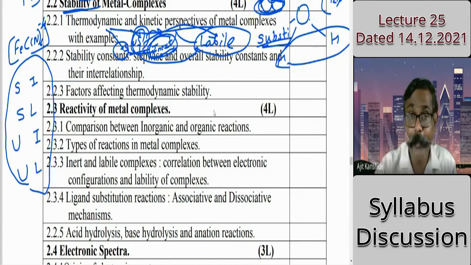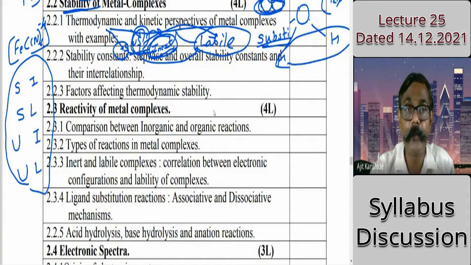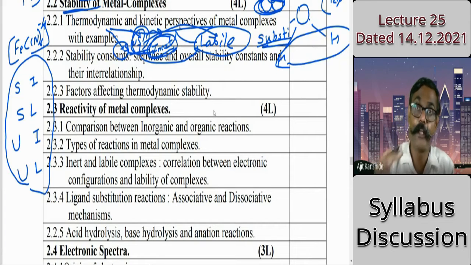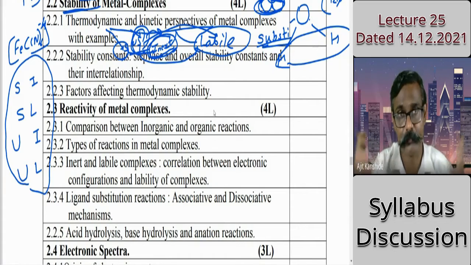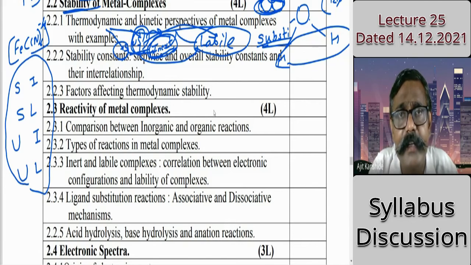So if any complex possesses stability, then it is to be measured how long that stability lasts. Just as we say a compound is stable up to a particular temperature. For example, water will remain water, means liquid, till 100 degrees Celsius, considering normal temperature and pressure. After 100 degrees, what will happen?